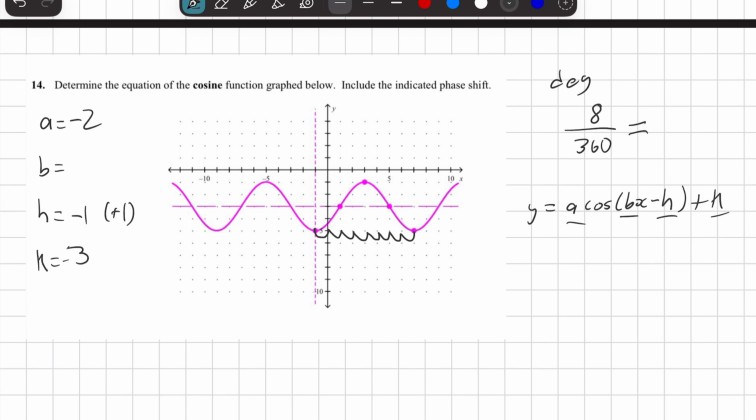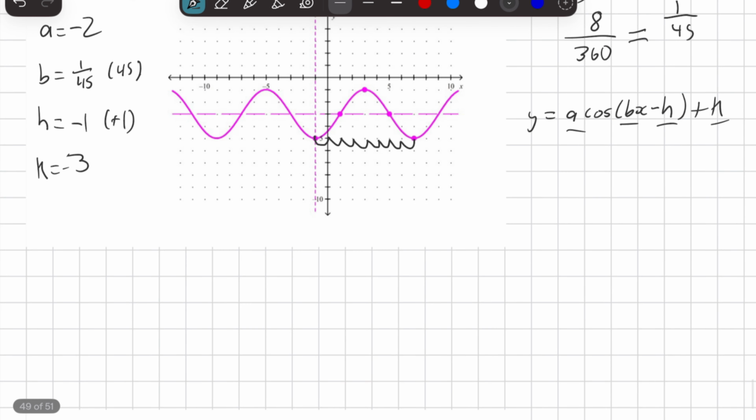And this is going to simplify to 1 over 45. So our b value is 1 over 45, but when you put it into the equation, you have to do the reciprocal. So it's going to end up being 45, and that is 45 degrees it represents. We would write that in radians as pi over 4, but this one specifically I'm doing in degrees.